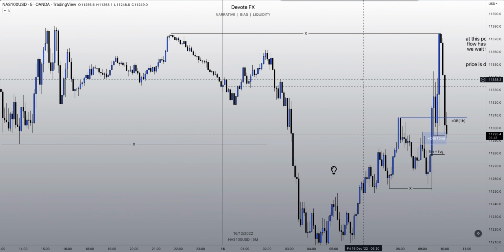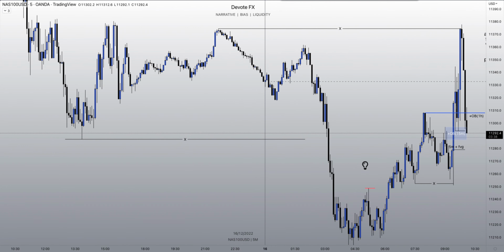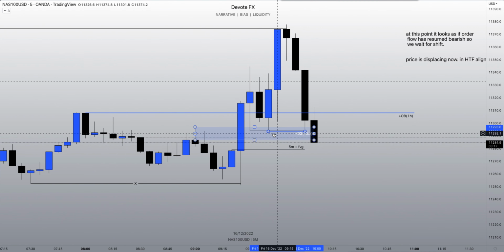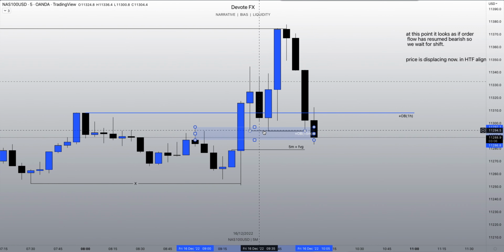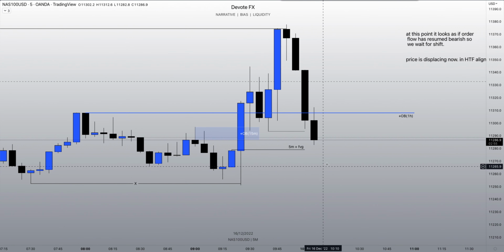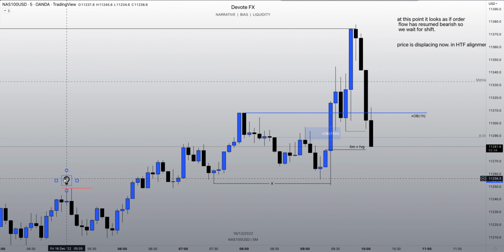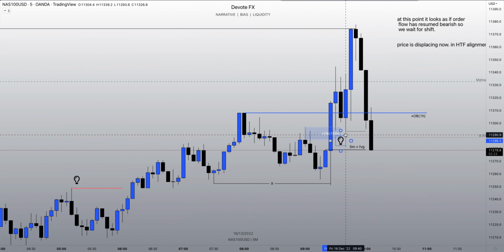Now, as I mentioned here, price is displacing off of liquidity on the open. 5-minute is now bearish, testing a 15-minute PD array on the last 5-minute candle of the 15-minute time frame.